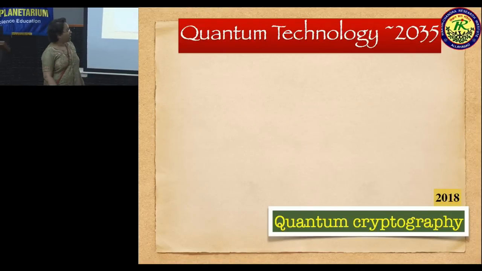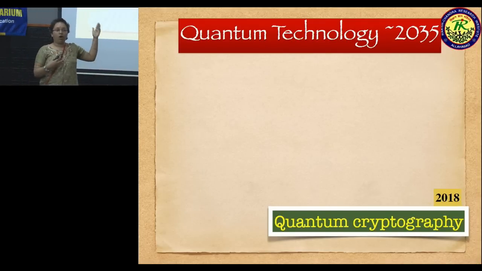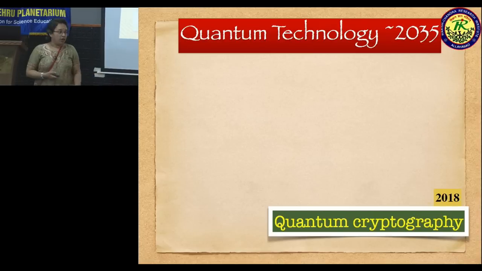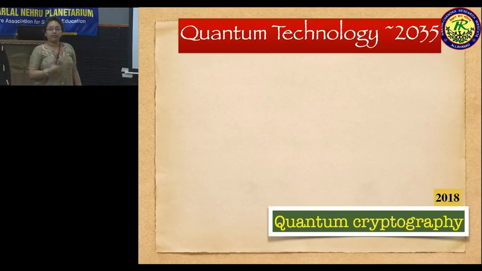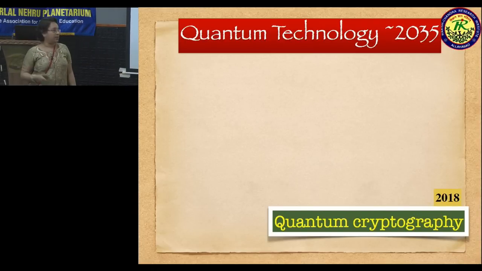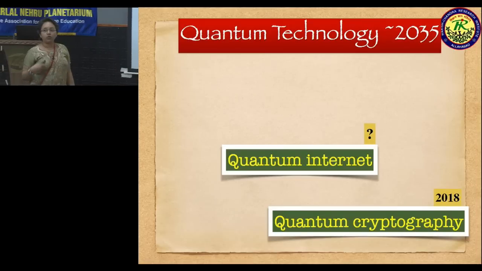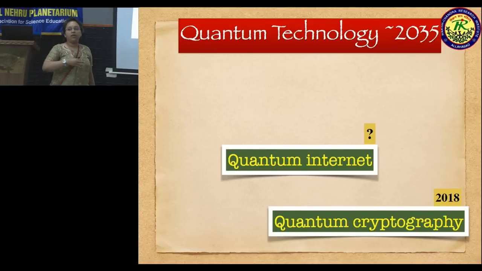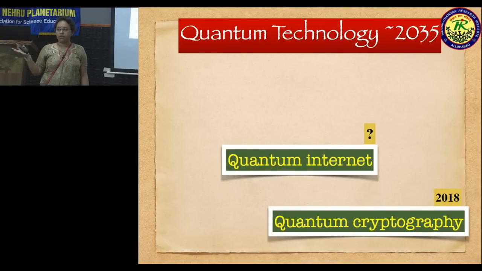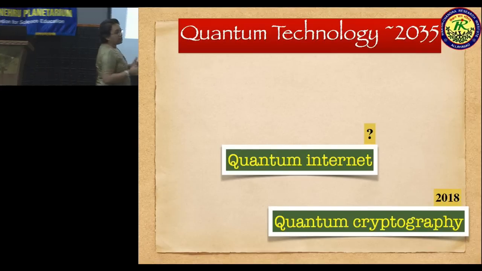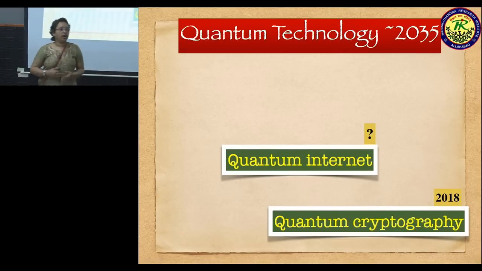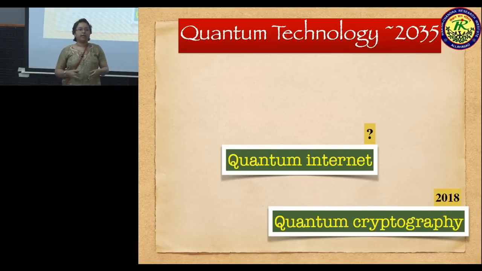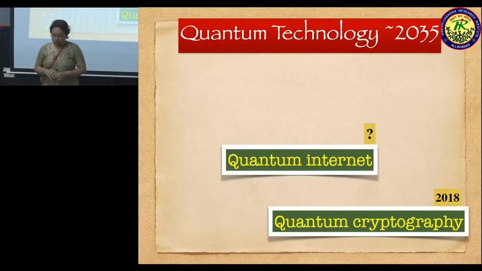If I think about the status of quantum technology, because this was the title of my talk: quantum cryptography, as I have shown you, is already a reality. Now people are trying to build a quantum internet, that means communication between several senders and several receivers, just like the current classical communication where we are all connected via internet, mobile, and so on.